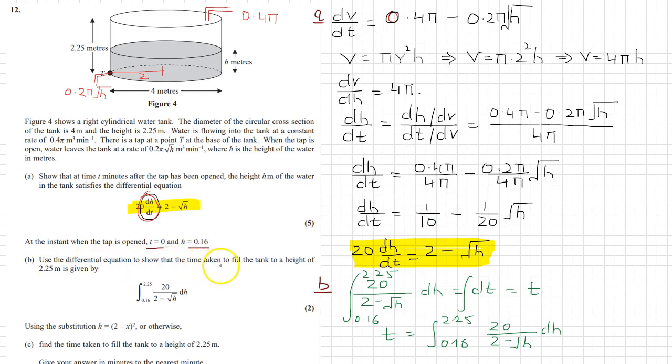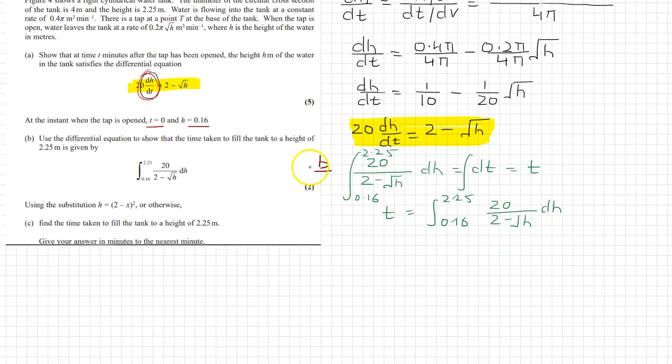Using the substitution h is equal to 2 minus x square, or otherwise, find the time taken to fill the tank to a height of 2.25 meters.